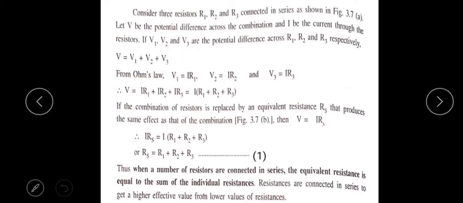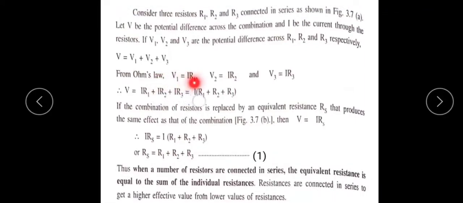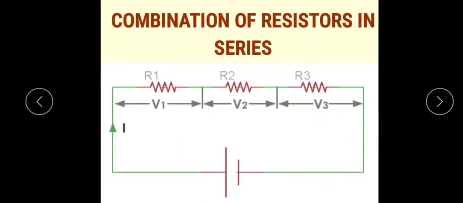From Ohm's law, we know that V is equal to IR. The current I does not change across each resistor; it is the same value. So applying Ohm's law across the first resistor, V1 is equal to I into R1. Across the second resistor, V2 is equal to I into R2.